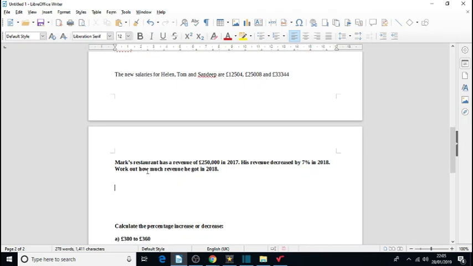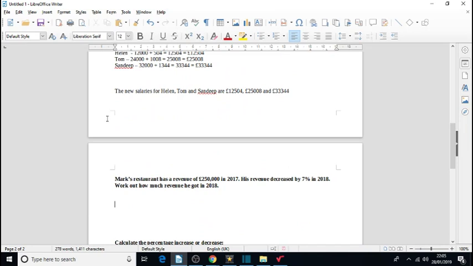So here's another way you can work out a percentage decrease. Just like how we used another step to work out percentage increase, here we can work out what 7% of 250,000 is. And that is equal to 17,500.